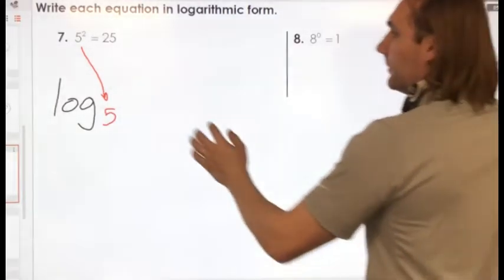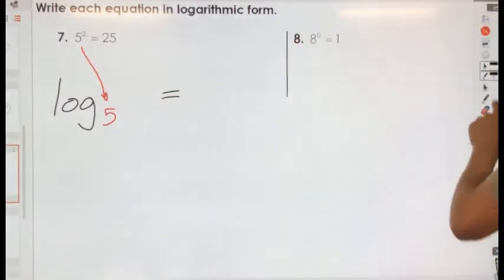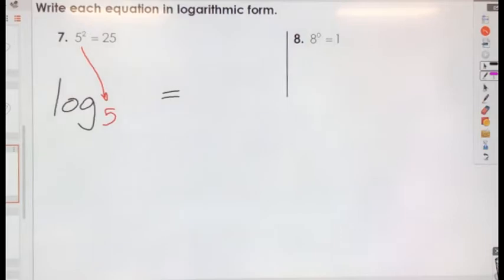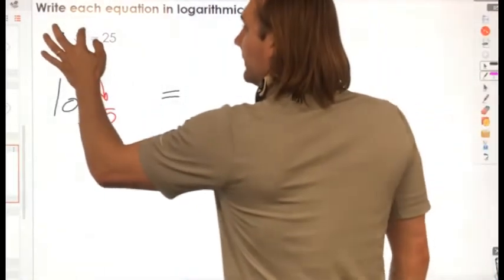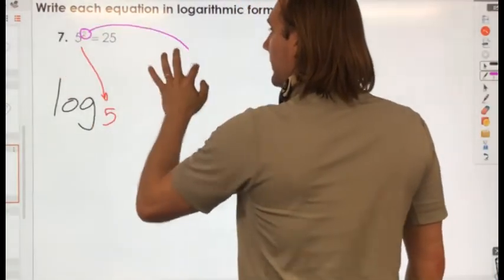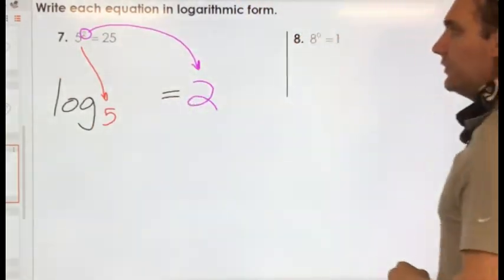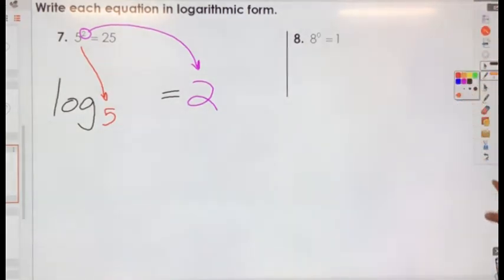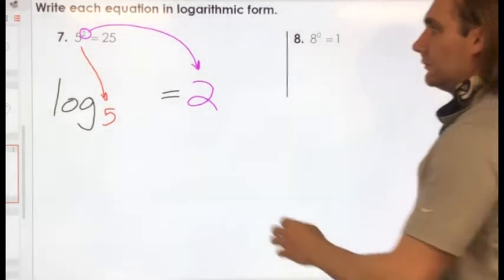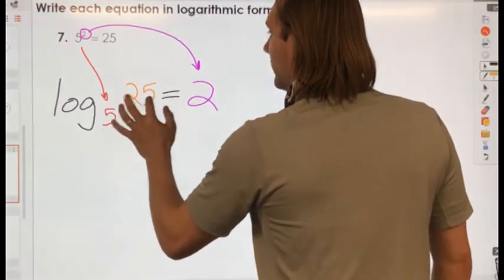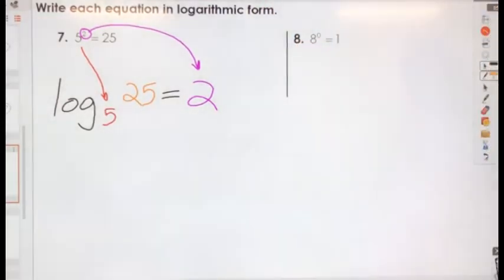Now I want to jump to my log equals what? What does your log equal? I say it time and time again. Your log equals the exponent. My exponent in this case is 2. And what number did I not use? 25. So log base 5 of 25 equals 2.